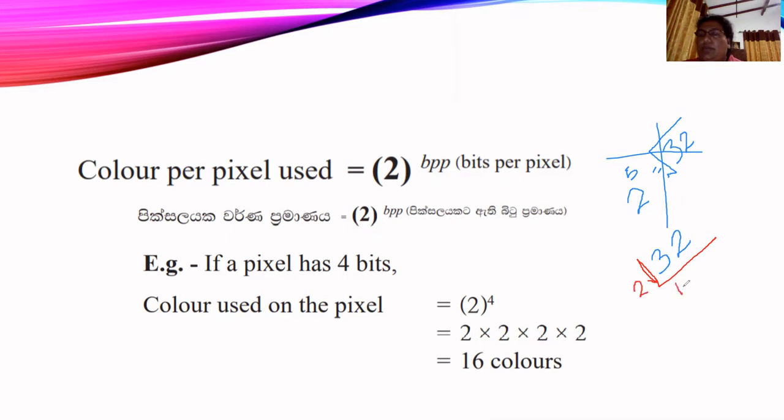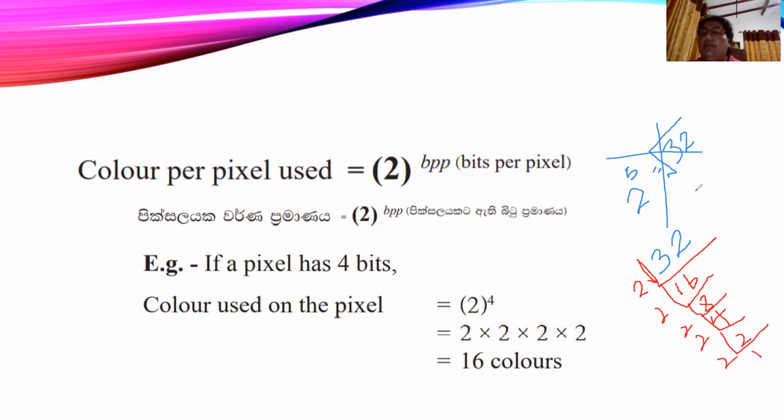2 into 32 is 16, then 2 into 16 is 8, then 2 into 8 is 4, 2 into 4 is 2, 2 into 2 is 1. Now count: 1, 2, 3, 4, 5.